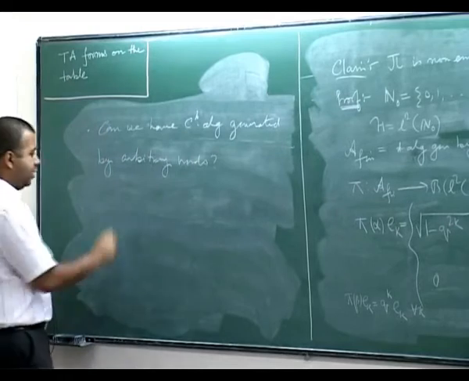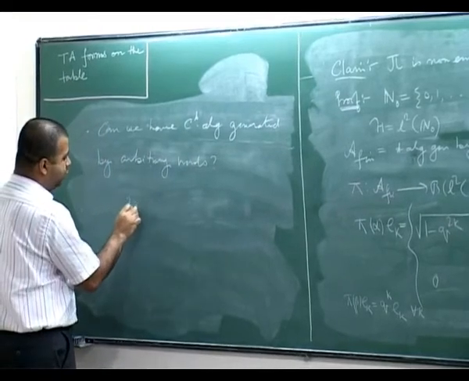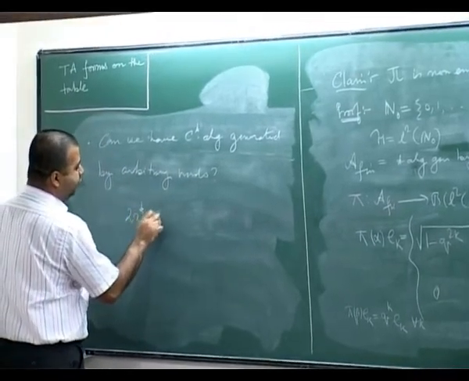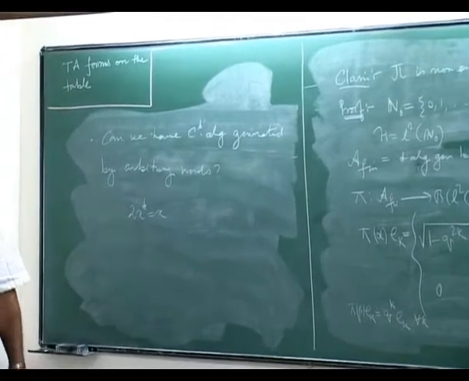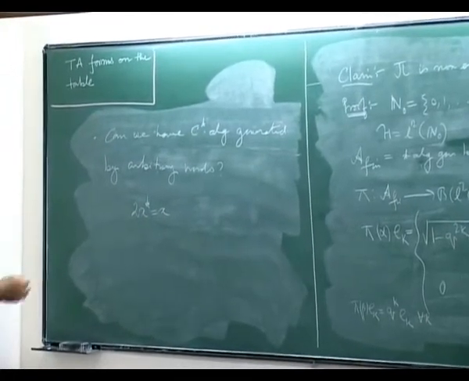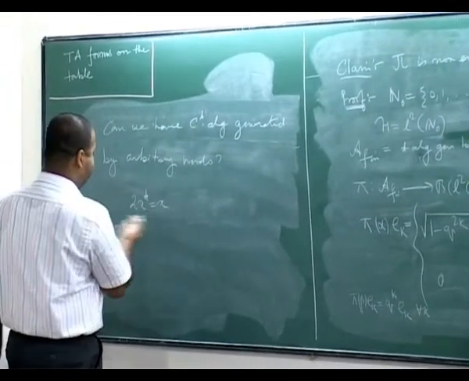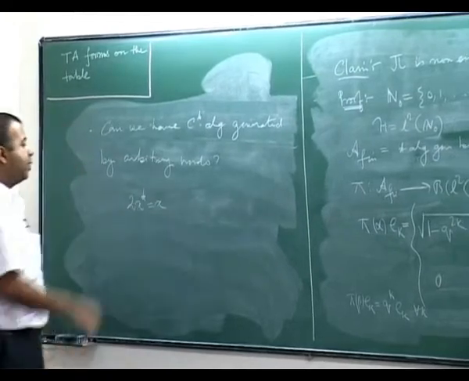So suppose, for example, I give this word x star equal to x. I have my alphabet x, and this is a word involving x star and x.